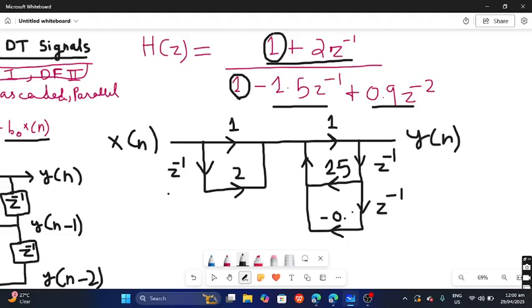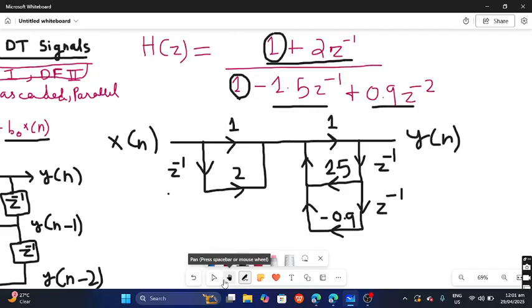So here I will place a negative number to make a positive feedback. So that's how the direct structure DF1 is created, which is quite easy.